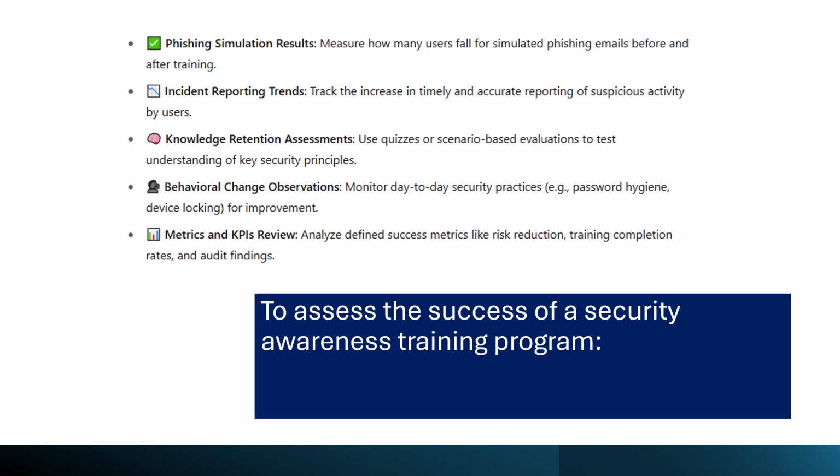Three, knowledge retention assessment, which uses quizzes or scenario-based evaluation to test understanding of key security principles. Four, behavioral change observations, which monitor day-to-day security practices like password hygiene, device locking, etc. And five, metrics and KPIs review, which analyze defined success metrics like risk reduction, training completion rates, and audit findings.